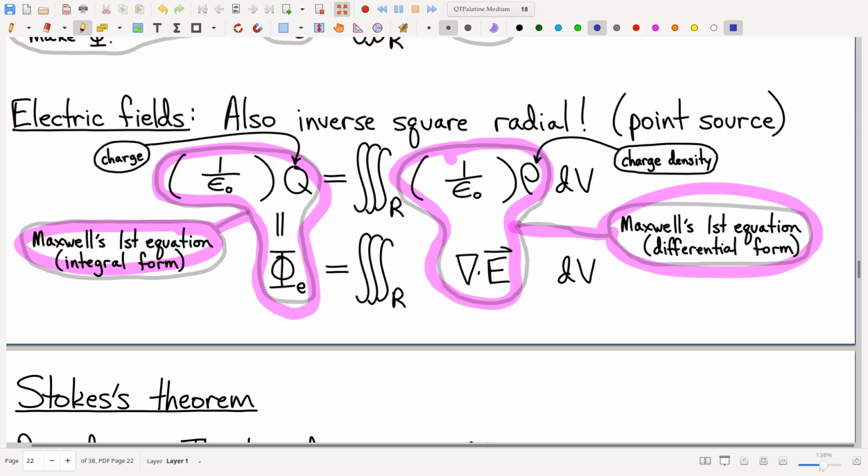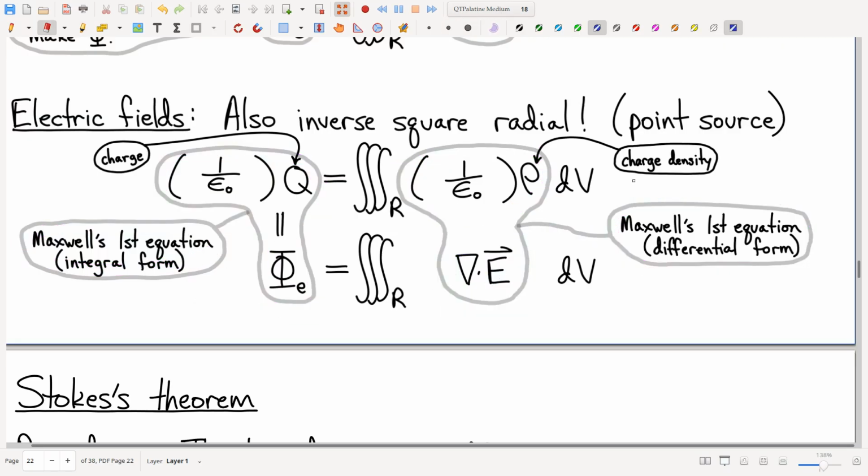The one on the right is just the density version of the one on the left. So another reason that I am a huge fan of understanding divergence as flux density is that it makes Maxwell's equations just roll off the tongue. Borderline obvious, if you say it the right way.